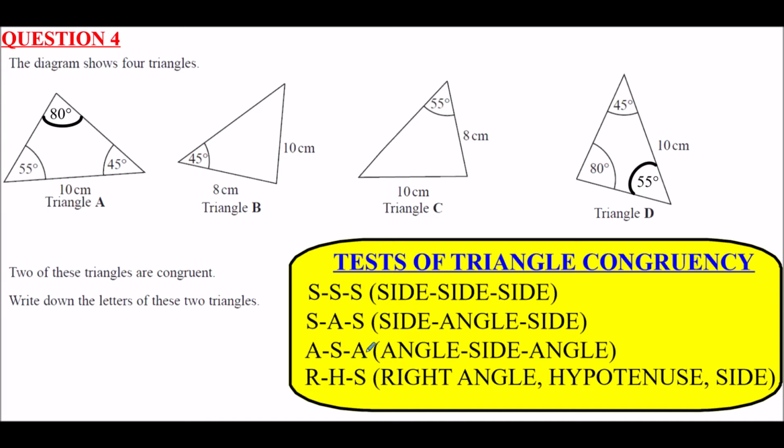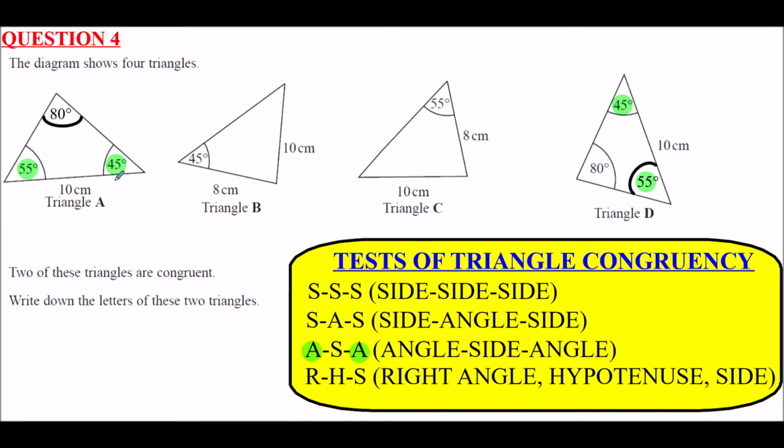So let's have a look at angle, side, angle. If I highlight one of the angles in A, you can see here they've both got a 55 degree angle. The other angle, which is common to them, is this 45 degree angle as well. On its own, that's not enough to prove these 2 triangles are congruent. However, the side which goes in the middle of them, if that's the same, that proves these 2 triangles must be identical.